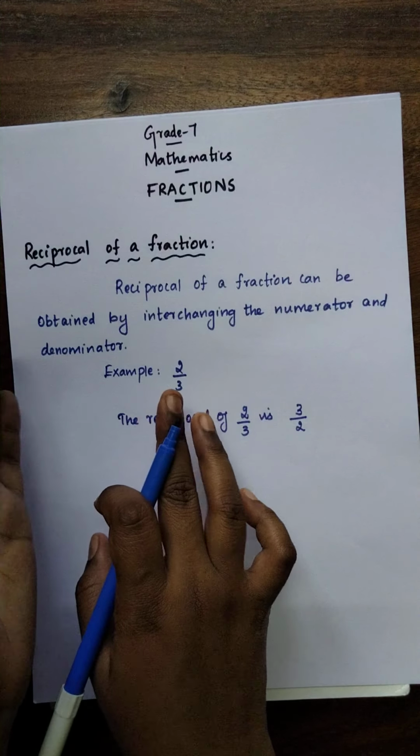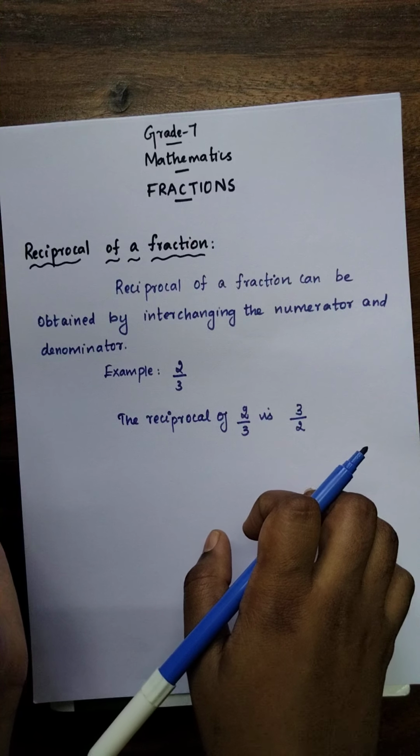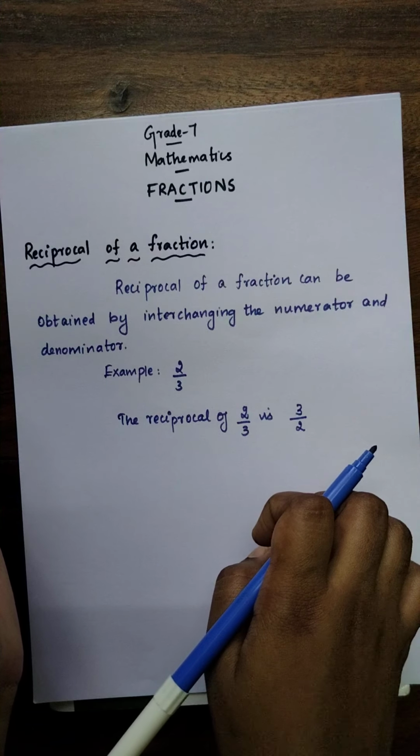Here the numerator is 2 and the denominator is 3. We interchange them, so the reciprocal of 2 by 3 is 3 by 2. This is the reciprocal of a fraction. Understand?